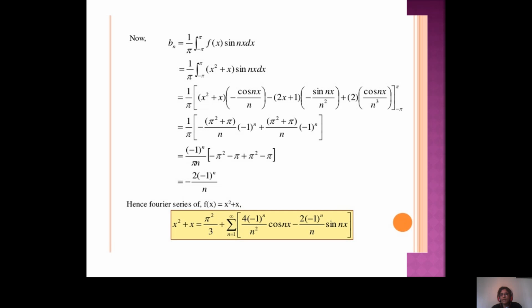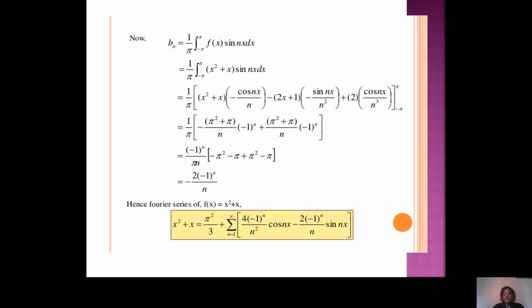b n is equal to 1 by pi integral of minus pi to pi f of x sin nx dx. So when you substitute f of x value, x squared plus x sin nx dx, then 1 by pi x squared plus x minus cos nx by n minus 2x plus 1 into minus sin nx by n square plus 2 into cos nx by n cube, from minus pi to pi.